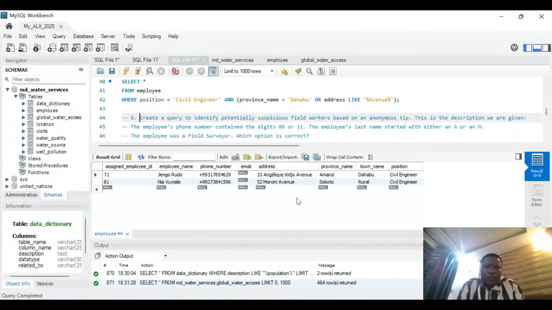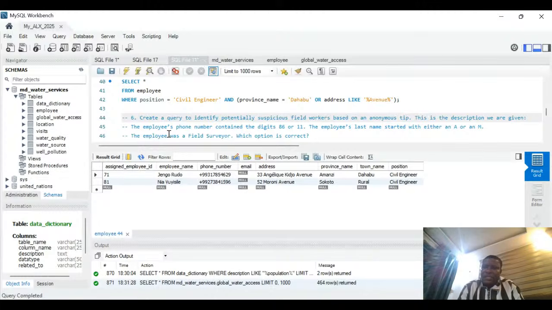So we move. I'm trying to break down question number 6 for understanding, and then we can look at what approach will give us the results that we are looking for. We are asked to look for some suspicious field workers. It is suspected that they are field surveyors.